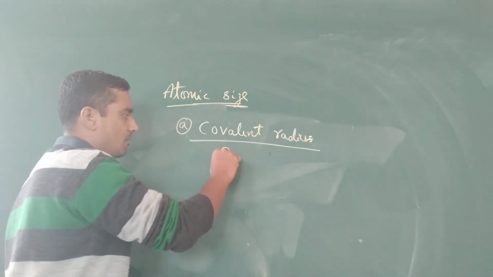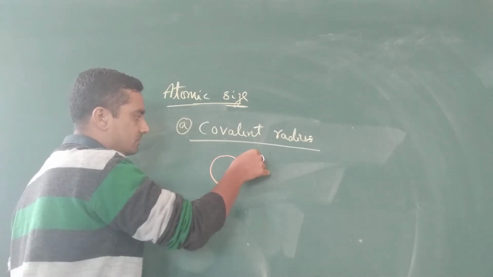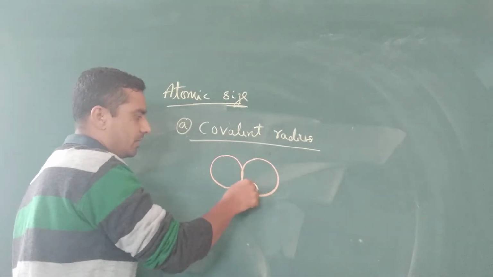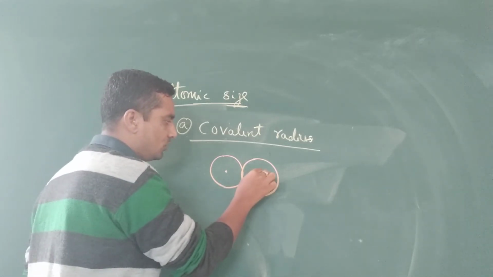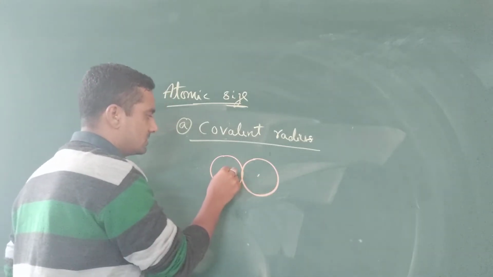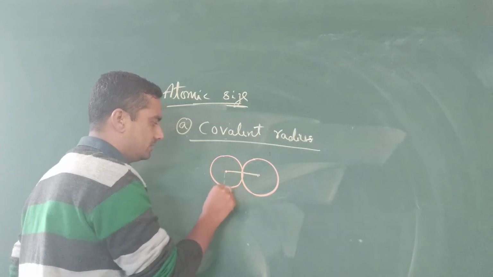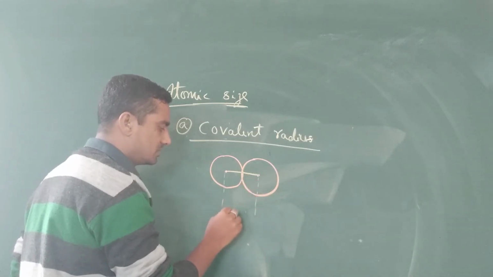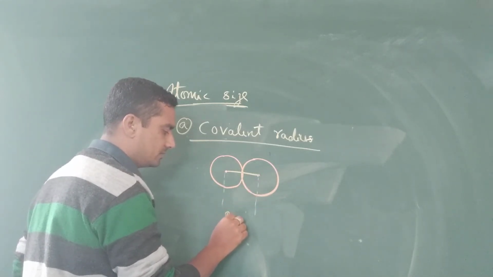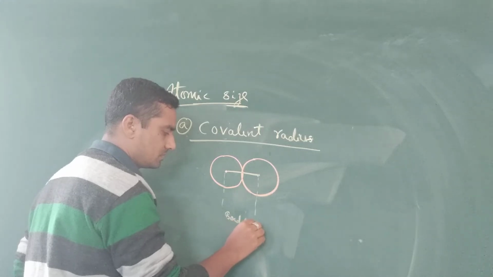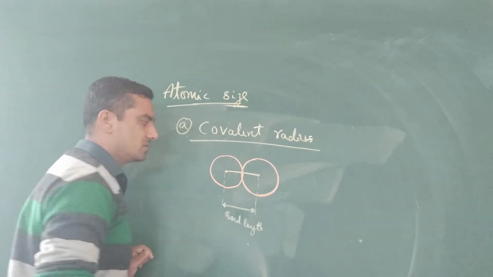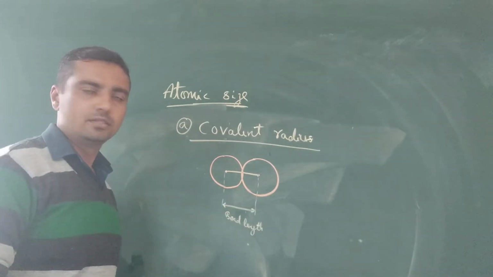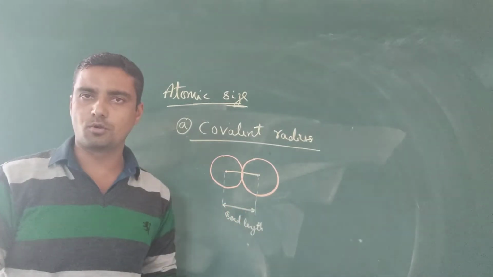assume we consider a molecule. This is the nucleus of this atom, and this is the nucleus of the other atom. This distance we call the bond length. The distance between the two nuclei is the bond length.